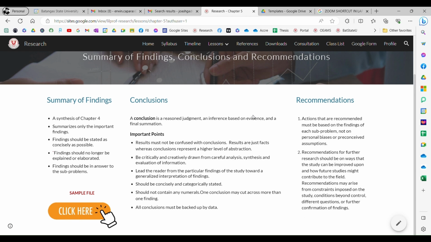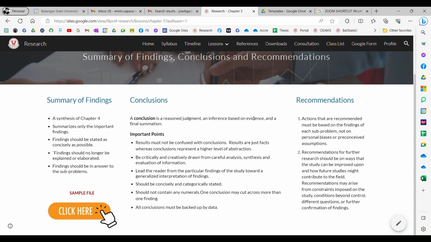In other words, those are the things that you have not done in your research, and you are recommending them to the next batch of researchers. However, it is expected that we have more items of recommendation based on the findings as compared to the recommendations for further research.